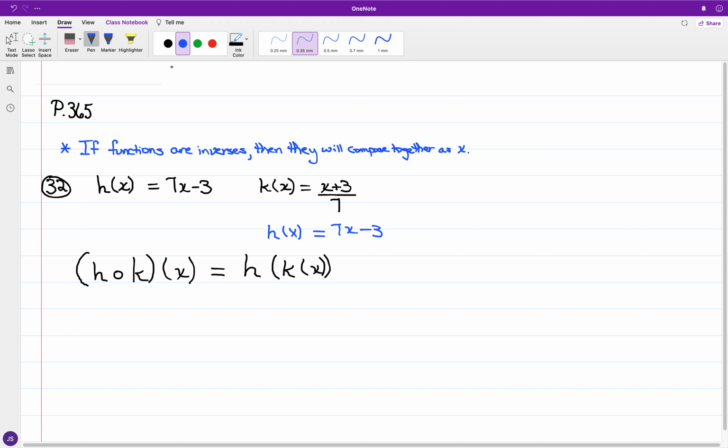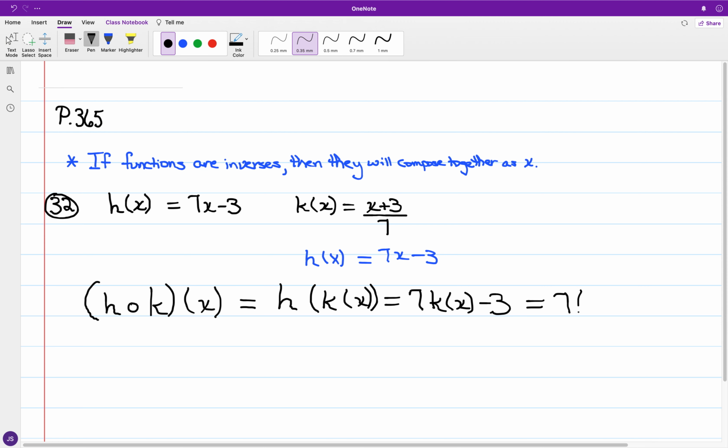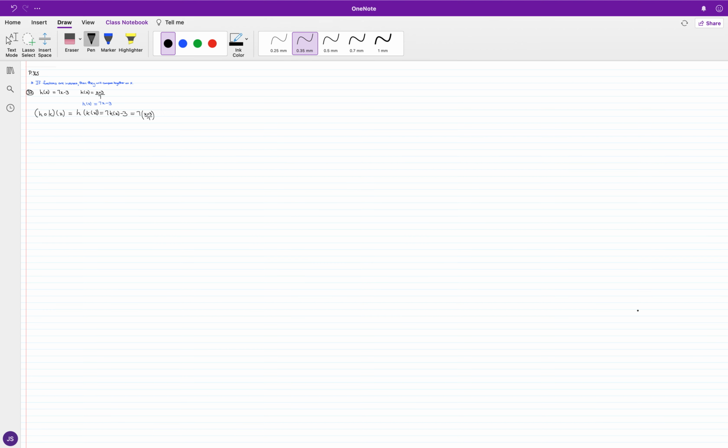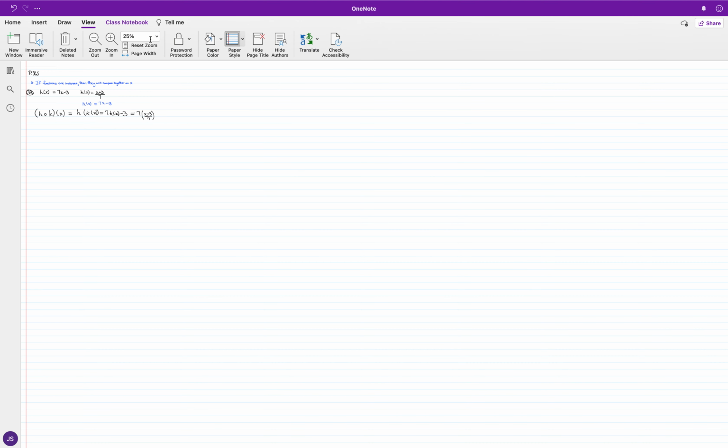With the input at k of x, h of k of x is going to be 7 times k of x minus 3. And k of x is defined as x plus 3 over 7. So you have 7 times x plus 3 over 7, followed by the subtraction of 3.